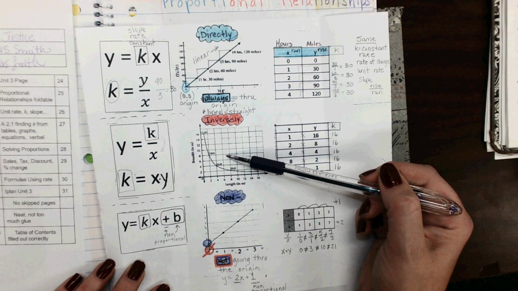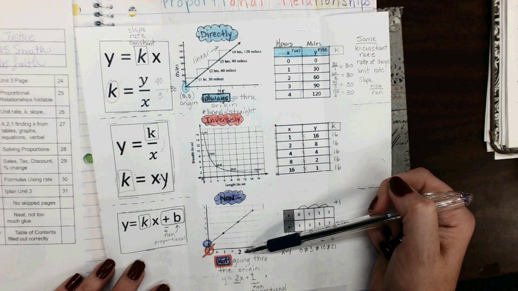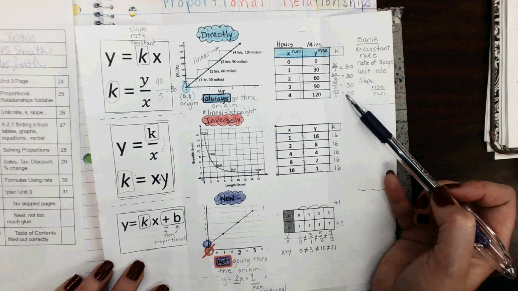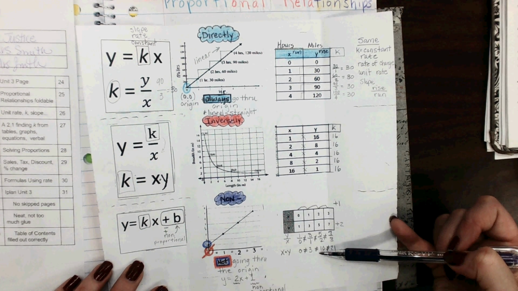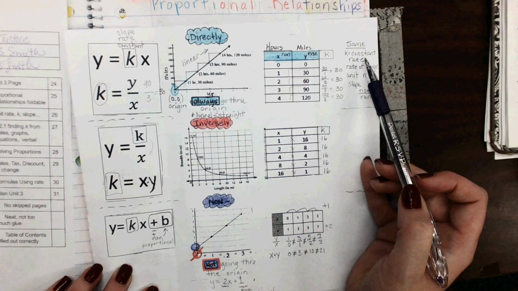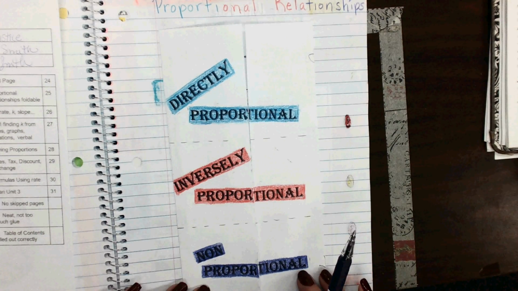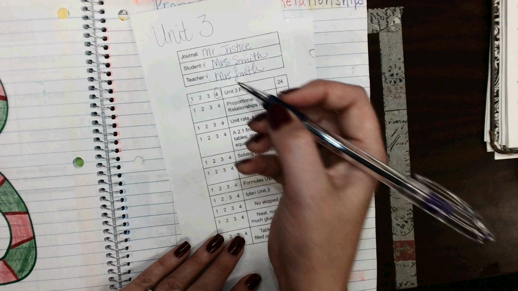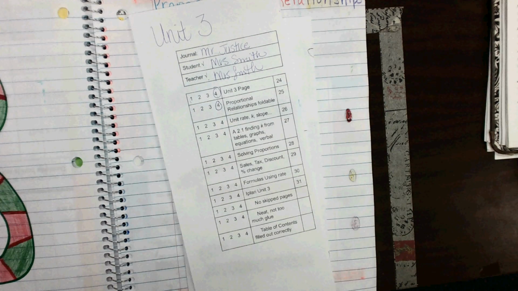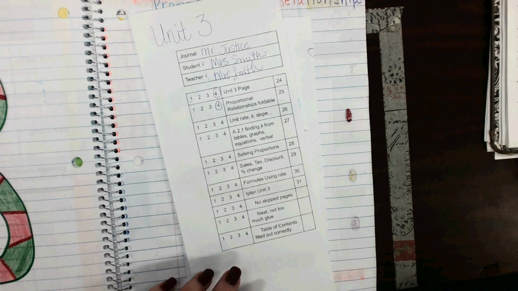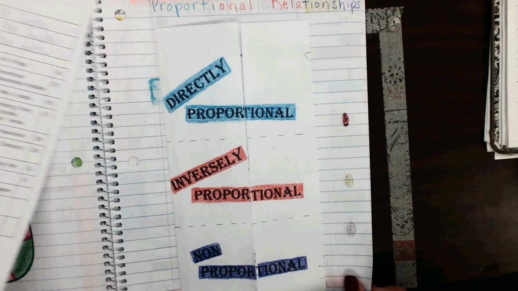He has notes written in the middle with the graphs and examples written on the tables with some notes on the side. So I know that it's done complete, it's done well, and of course, Mr. Justice, the reason I use his notebook is because it's always perfect. Page 25, proportional reasoning.